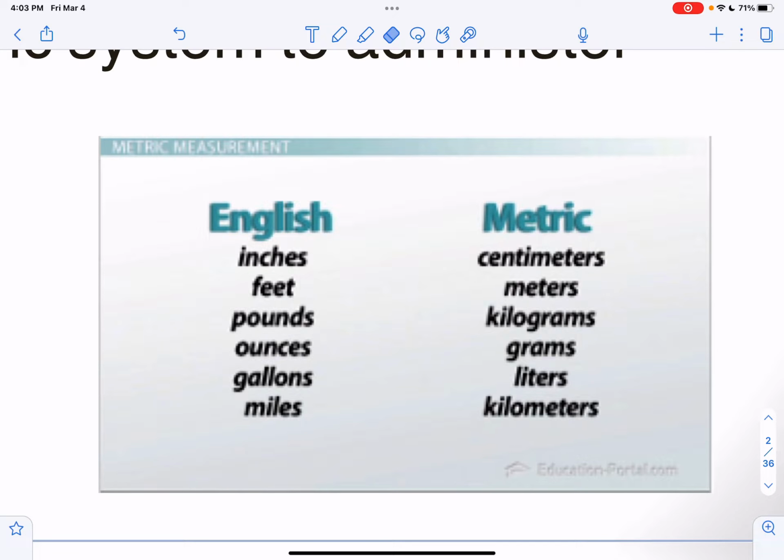Liquids we measure out in cups, quarts, and gallons, but in the metric system, we use liters and milliliters. And we measure distance in miles, as on our car, where we have miles per hour to calculate our speed. In the metric system, we use kilometers.